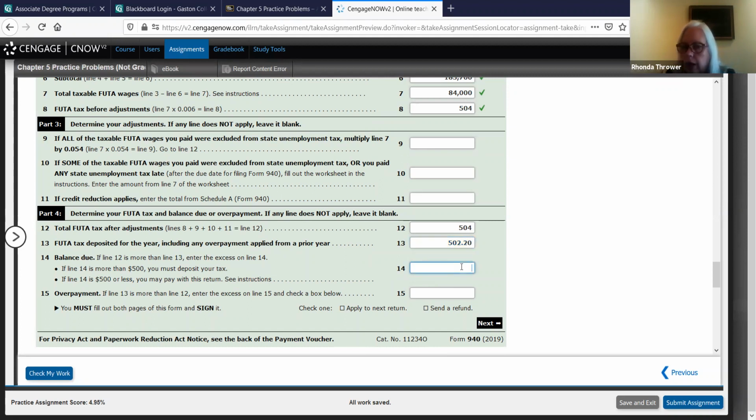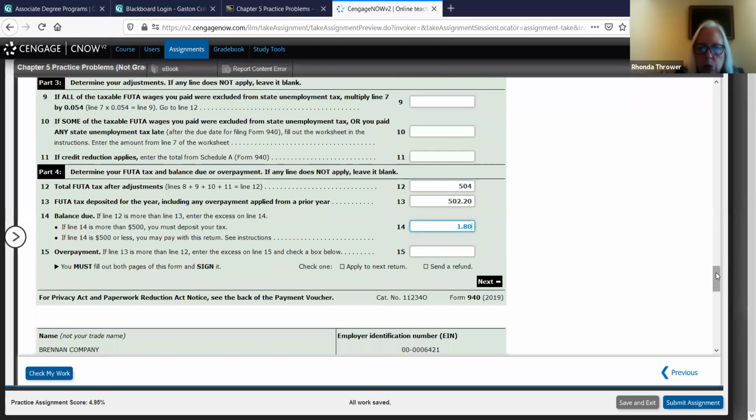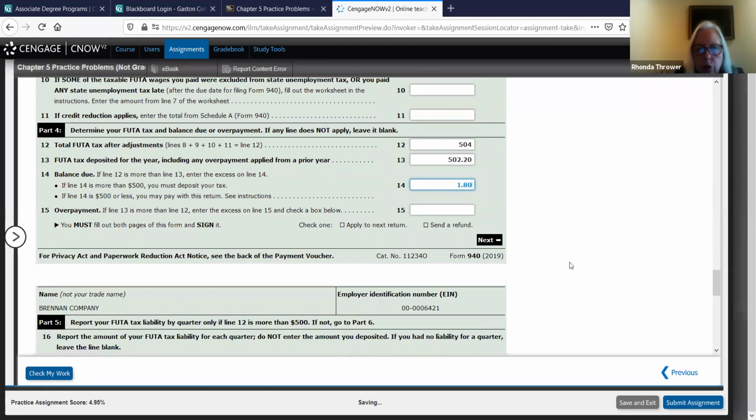So if we take 504 and we subtract 502.20 from that, that'll leave us with $1.80 that you'll remember we calculated by hand that we would owe with the return. There was no overpayment.